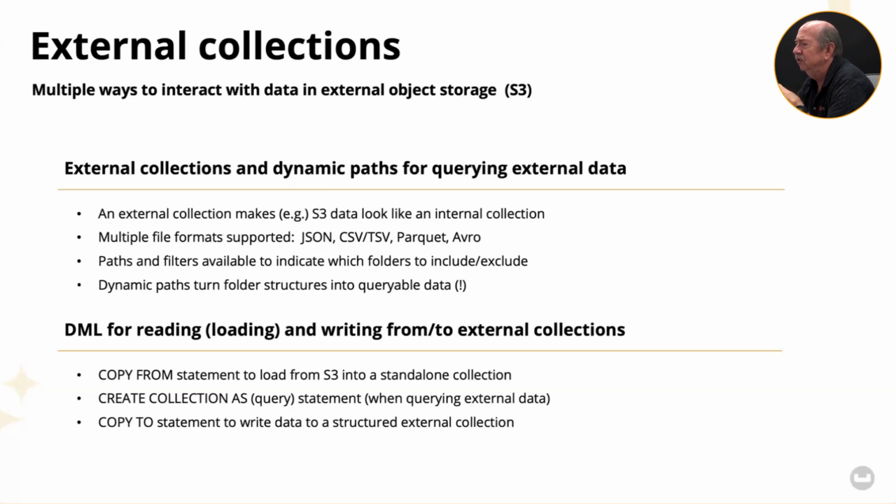You point us at your object storage when you're creating an external collection, and you can also give some additional information that says where within your object store the files that relate to this external collection are to be found, and how they are organized. The how-they-are-organized part is about something we call dynamic paths, which allow you to turn your folder structures in your object store into queryable data. I'll illustrate that on the next slide.